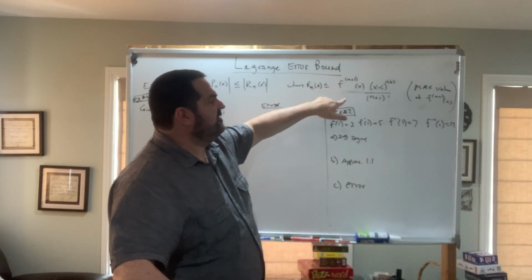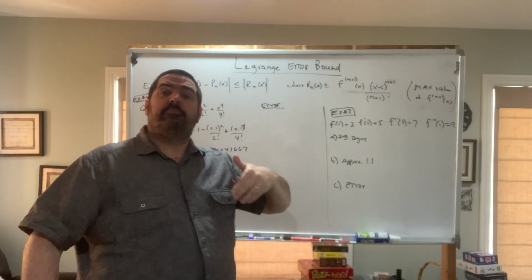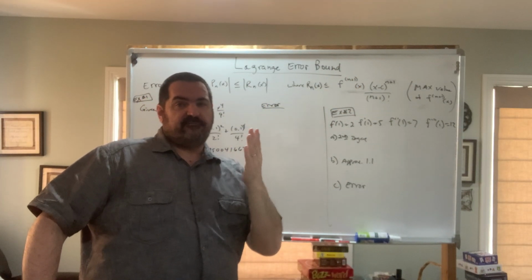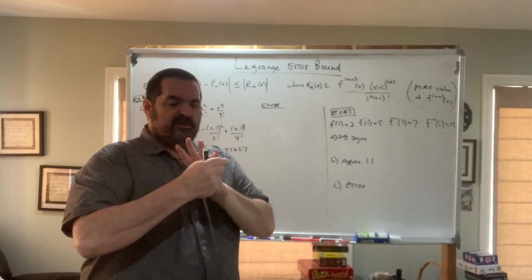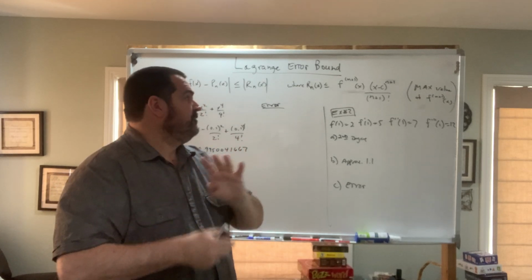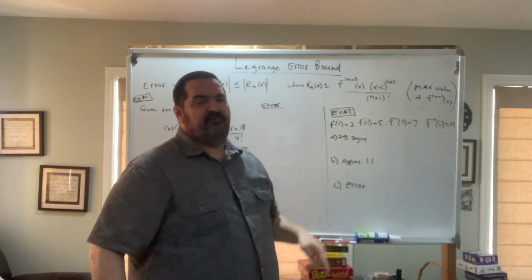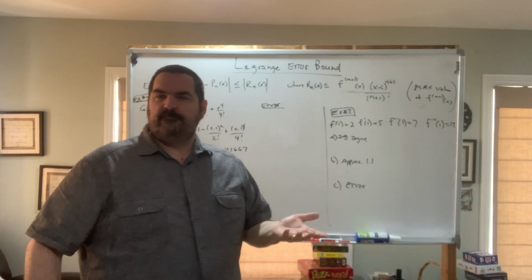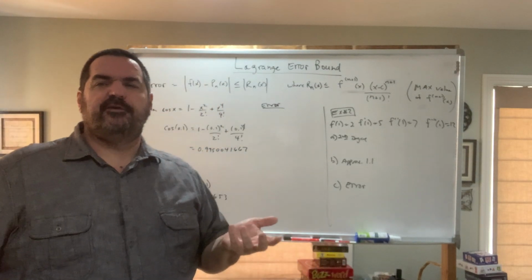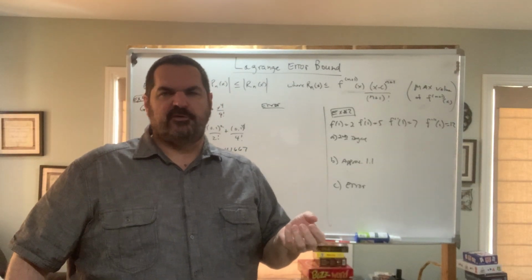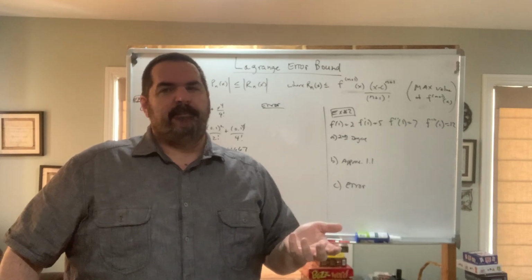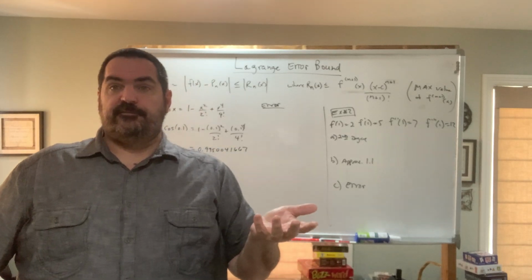What you would actually do is take the plus 1 derivative. So if you have a 4th degree Taylor series, you would take the 5th derivative of the equation. And they want the maximum value of that derivative. Well, it was very confusing for me. I was looking in textbooks going, how do you find the maximum of a derivative?